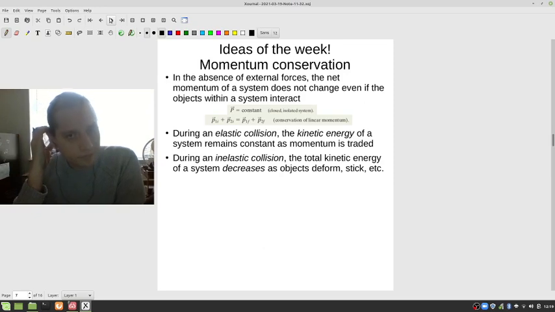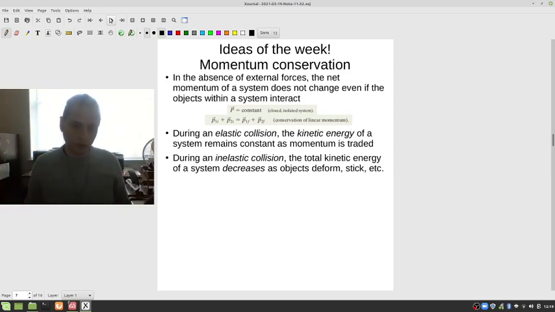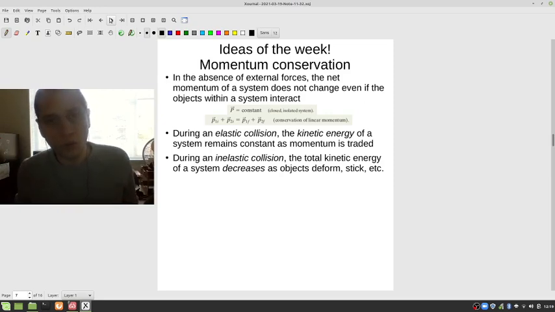Okay, so the other thing that we figured out is that if you have a system that doesn't have any external forces, so the only forces acting are within the system itself, the special thing that happens is that the momentum of the system does not change. So the sum of all of your mv vectors gives you some constant in your x direction, in your y direction, in your z direction.